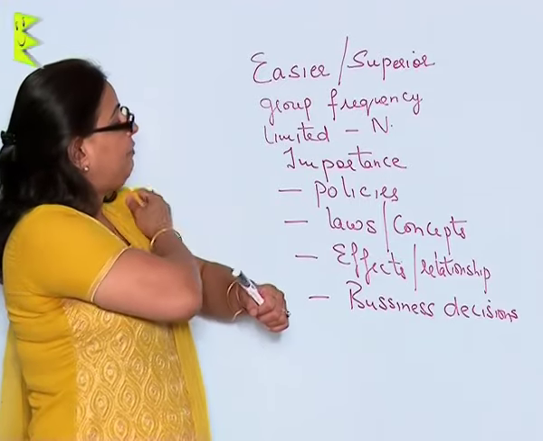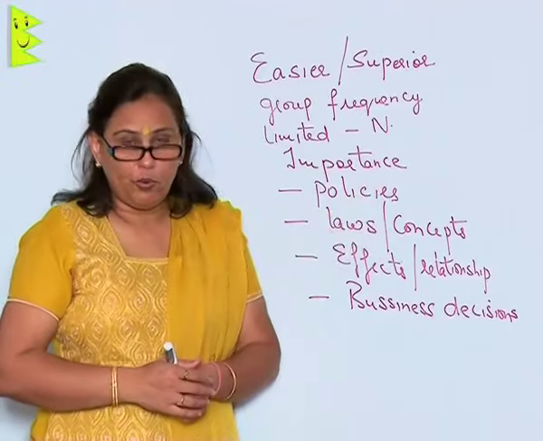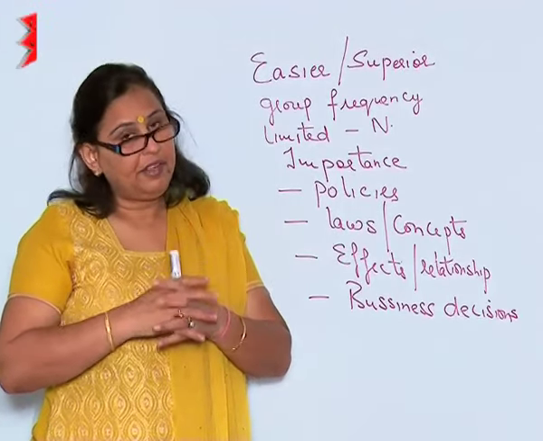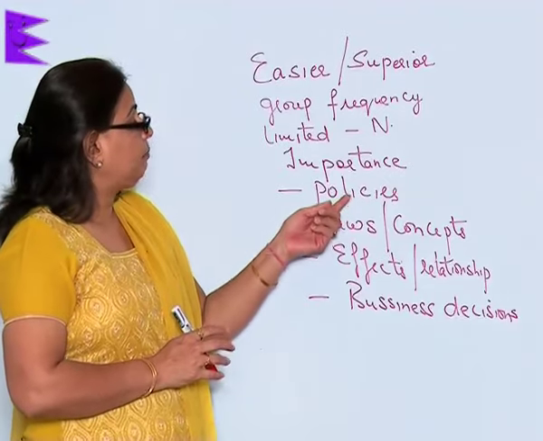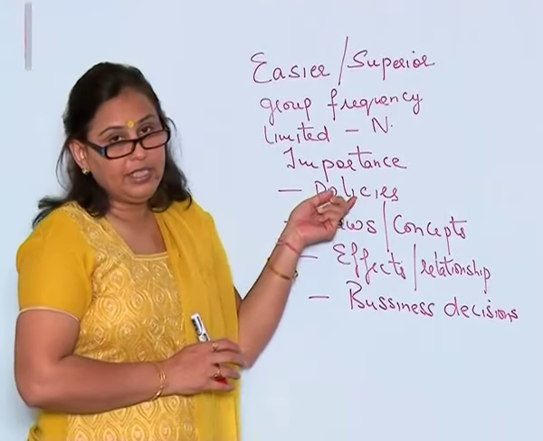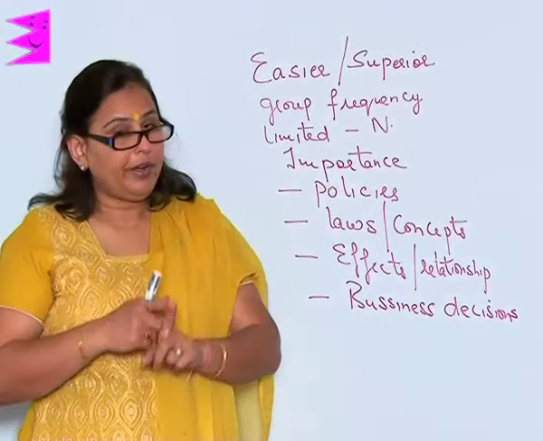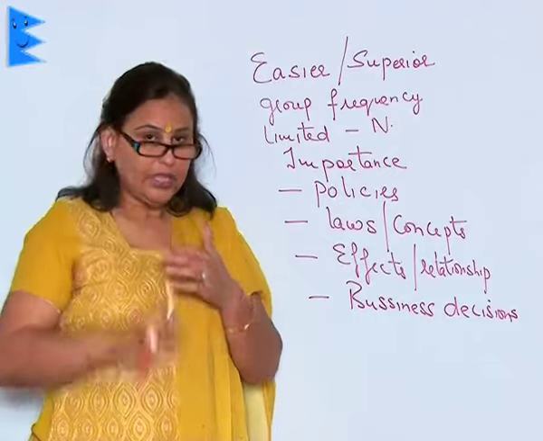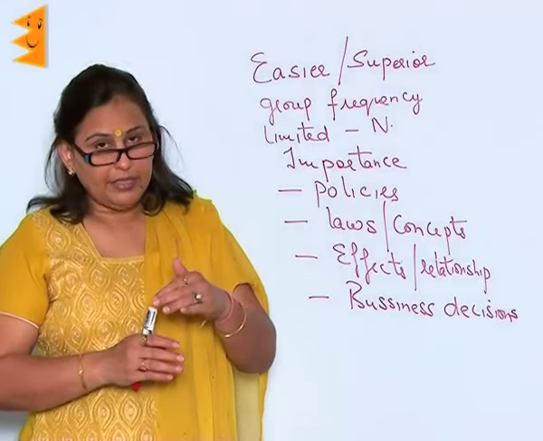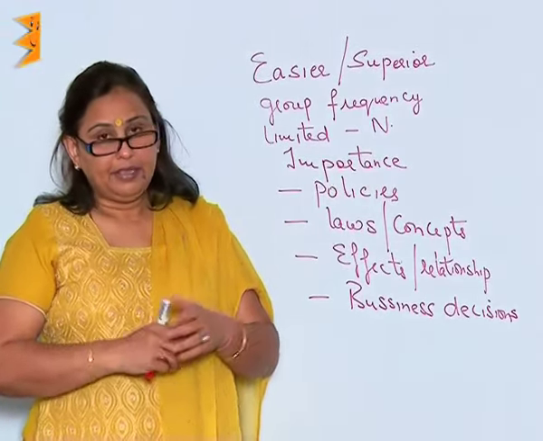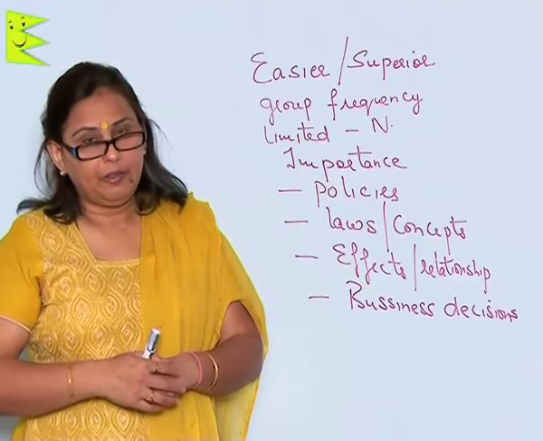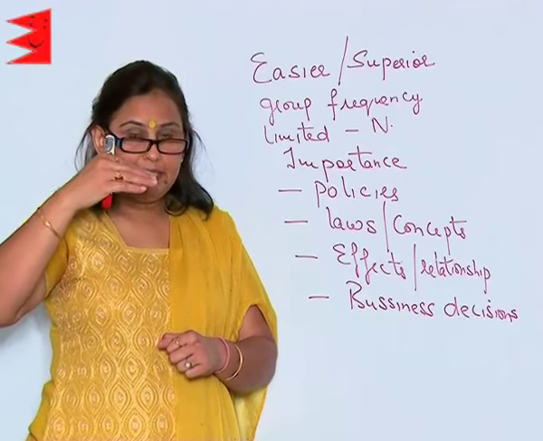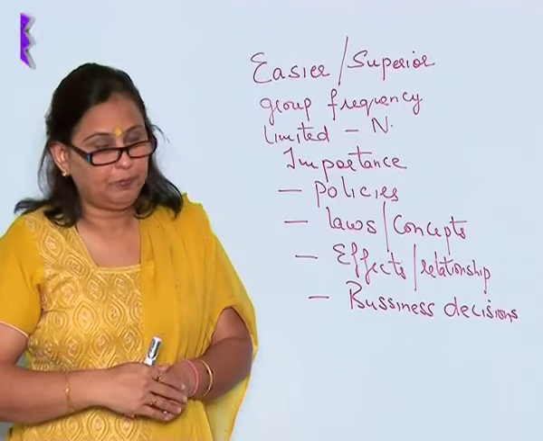Well, if we have to find out the importance of correlation, the correlation has very positive effects. For example, for the formulation of the policies, we must know the correlation between the variables. For example, if the government lowers the tax limit, then the tax collected will be higher compared to when the tax slab is high.